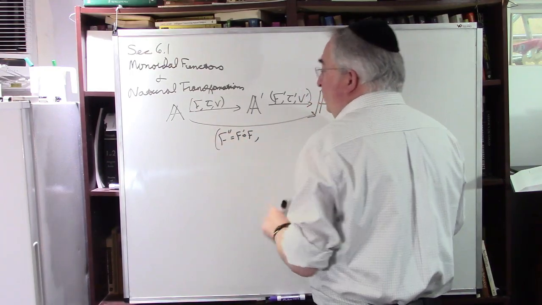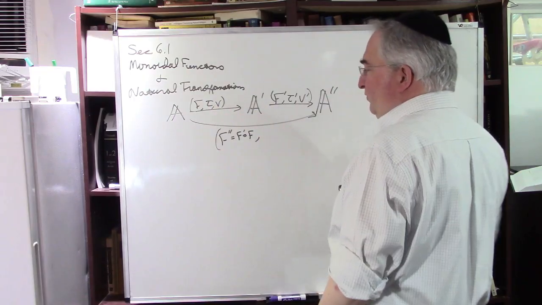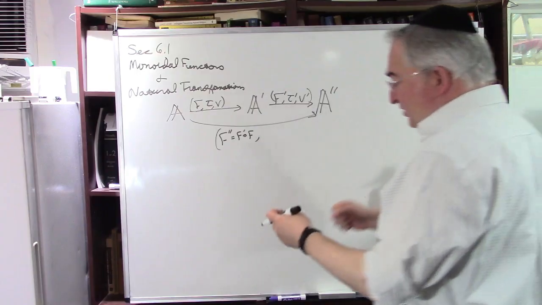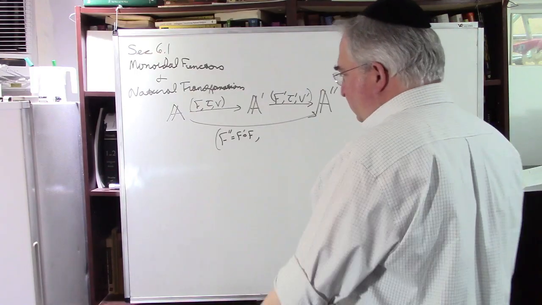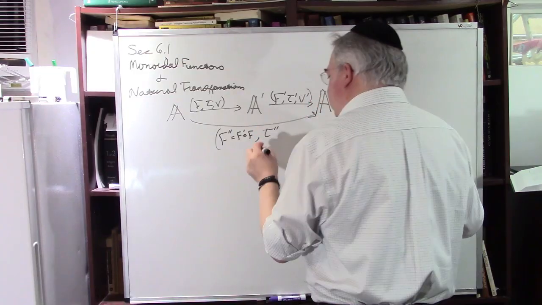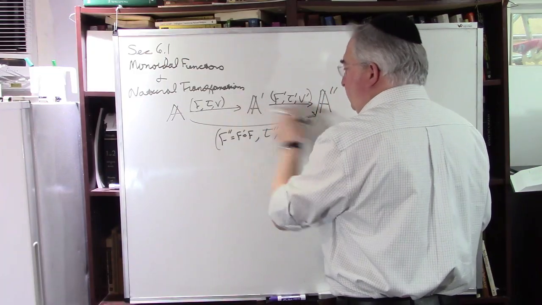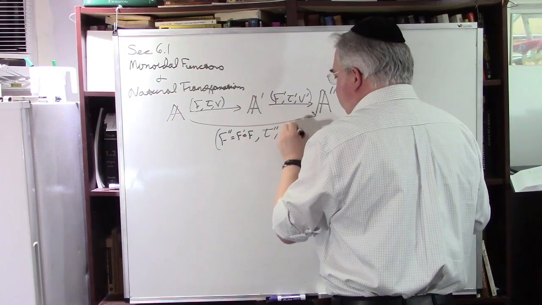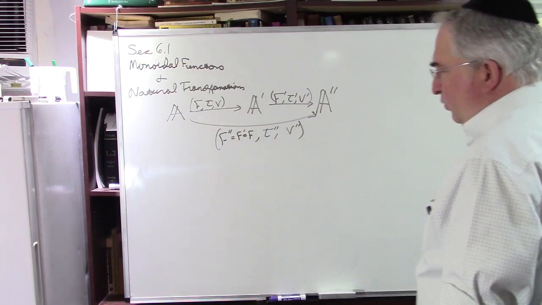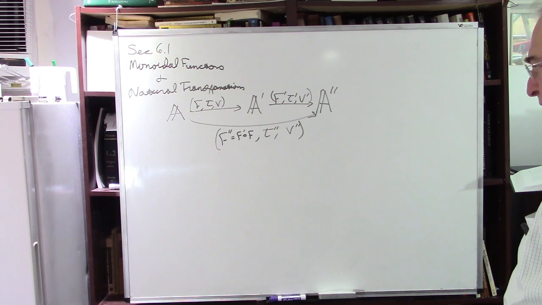That's the functor. Okay, how about the natural transformations? So what's the functor of the functor in some sense? We're going to call it tau double prime, and I'll show you how to do it. And also we're going to have the unitors, so we're going to have that as V double prime. Okay, so this is the way we show how it composes.